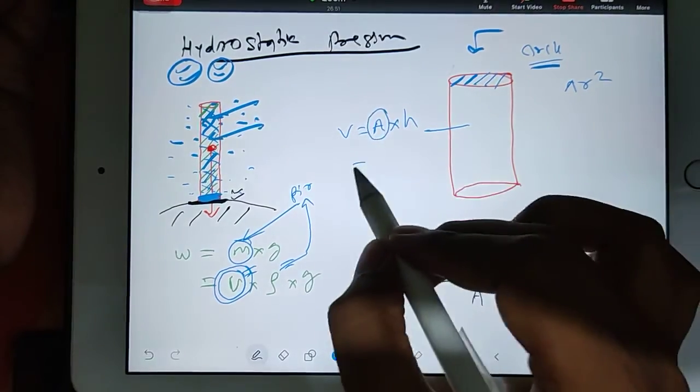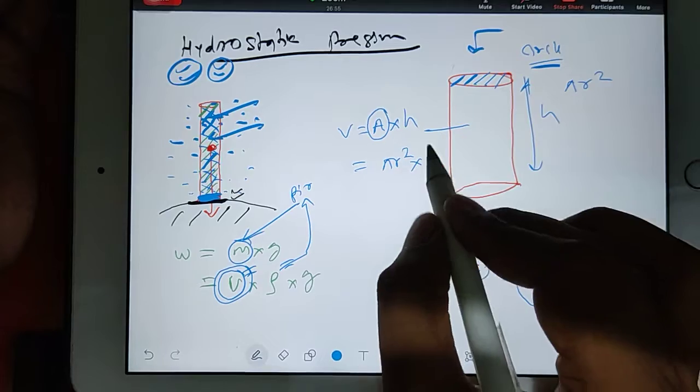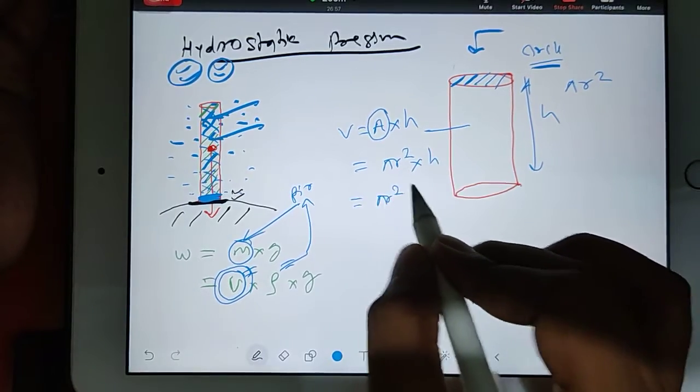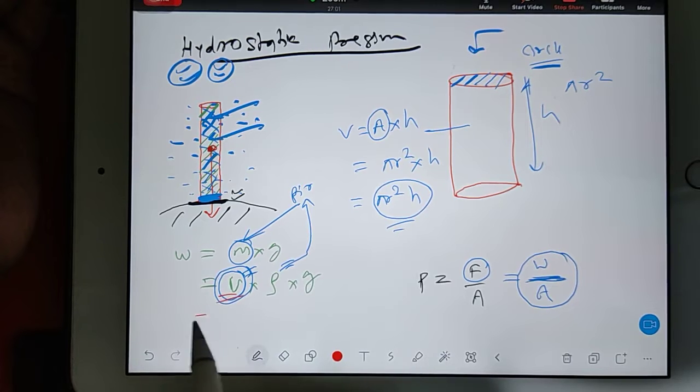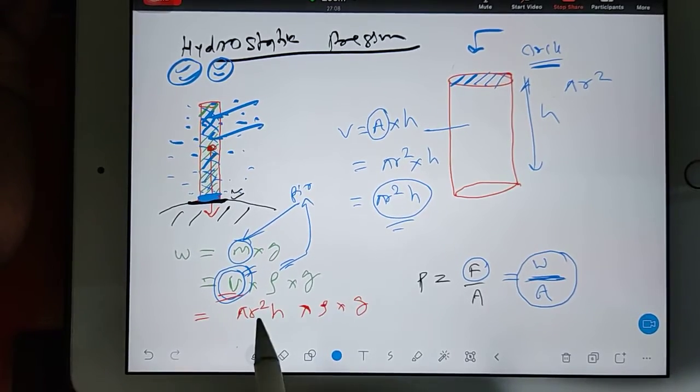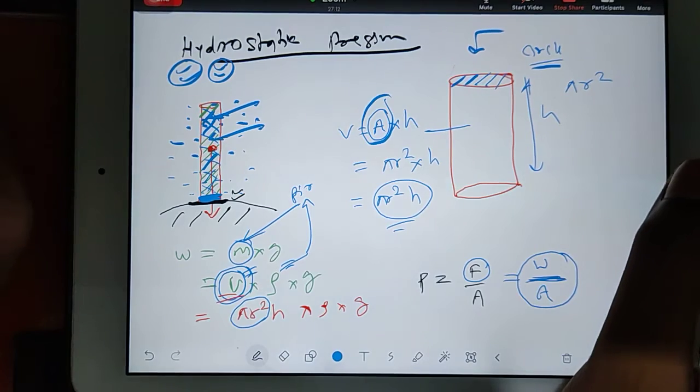You can replace this area with pi r square, and this is the height. So pi r square h becomes the volume of the cylinder. It means the weight is pi r square h into rho into g. Or if you don't want to replace pi r square, just keep the symbol A, no problem in that.